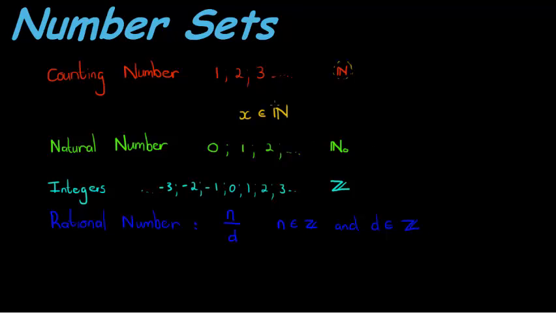Notice how I just used this mathematical way of expressing that a rational number is a number that can be written as a fraction, where my numerator is some integer value, and my denominator is some integer value.